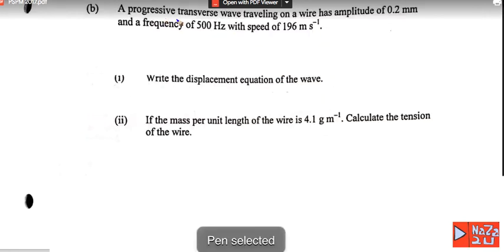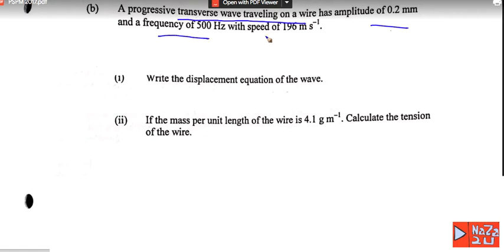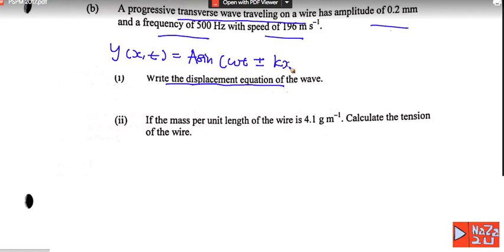A progressive transverse wave traveling along a wire has amplitude 0.2 mm and frequency 500 Hz with a speed of 196 meters per second. Question number 1 asks you to write the displacement equation. For a progressive transverse wave, the general equation is y as a function of x and t equals amplitude A sine of omega t plus or minus kx.